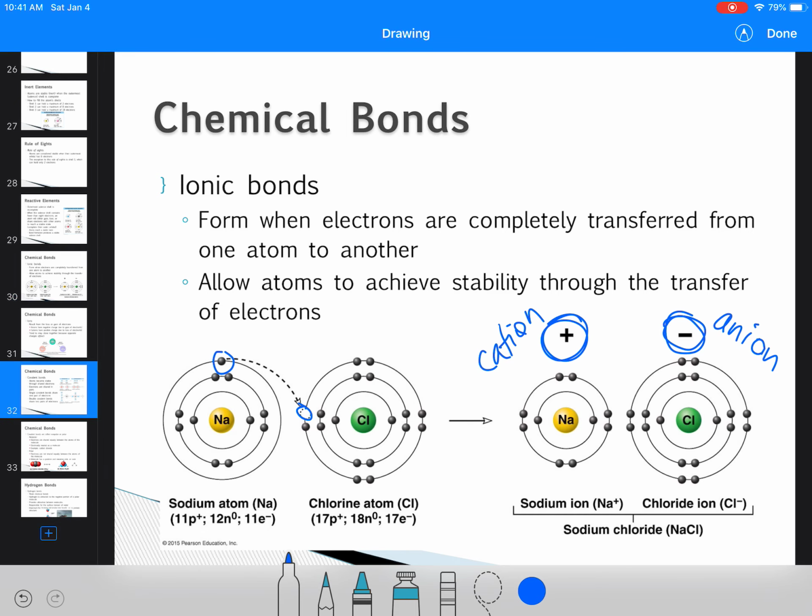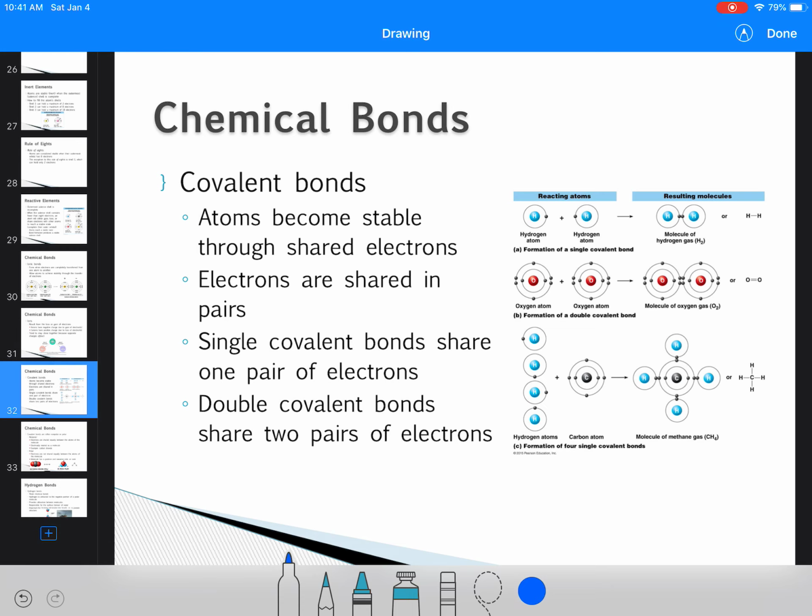Now, the next type of bond that we see pretty commonly is a covalent bond. Covalent bonds are different from ionic bonds because here in a covalent bond, the two atoms are going to be sharing electrons. They're not going to be giving up or taking electrons. They're going to actually be sharing them with one another. Okay, so you can see this top example between these two hydrogens.